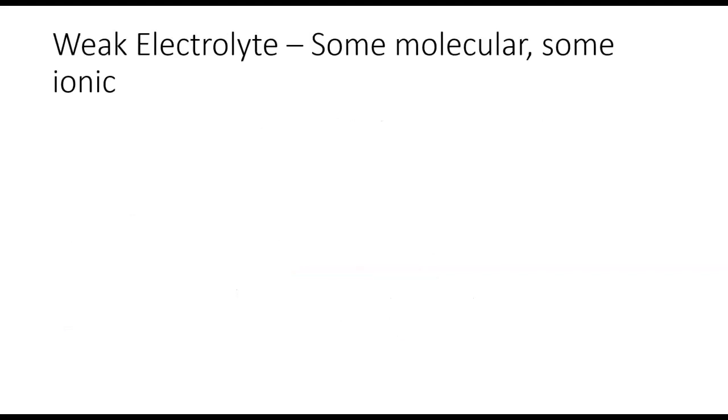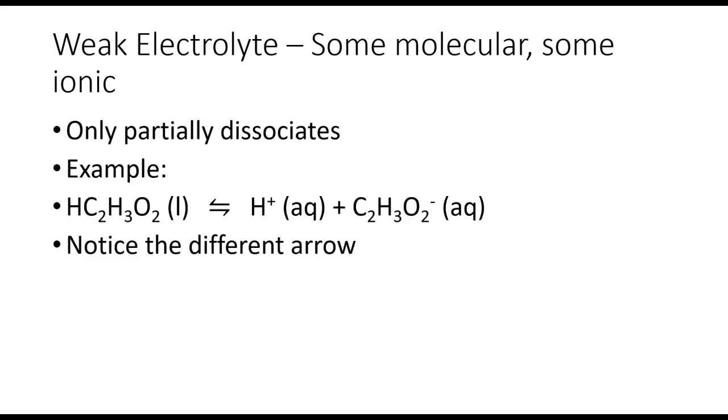A weak electrolyte can be some molecular compounds and some ionic compounds, so you wouldn't necessarily be able to identify those yet. We'll have some later on in the course. These only partially dissociate. You'll notice this is acetic acid, and it's dissociating, so the H+, the hydrogen ion, and the acetate ion are breaking apart. But notice this arrow. It goes both directions.